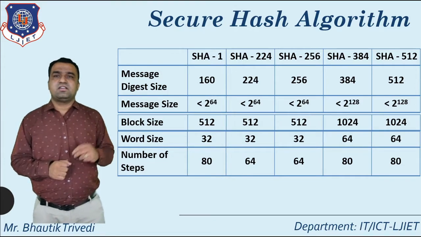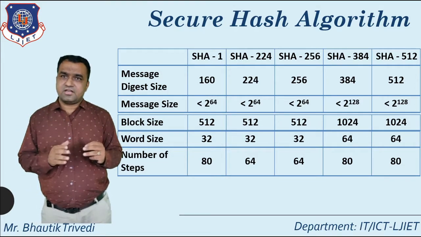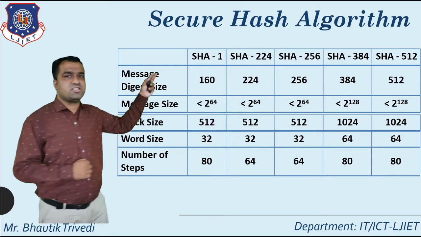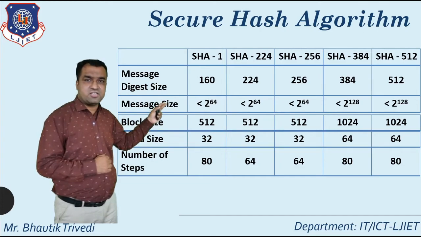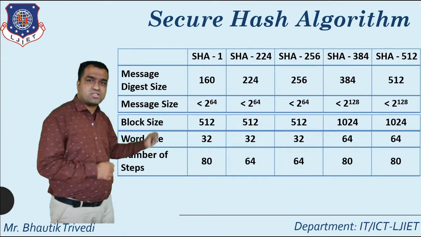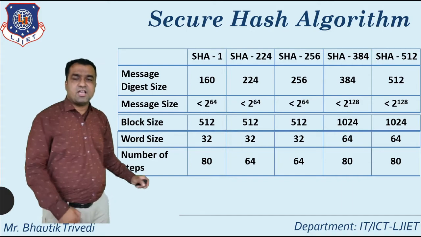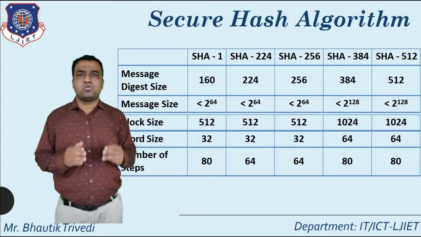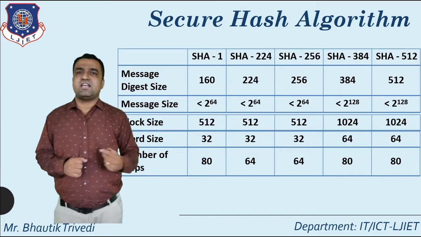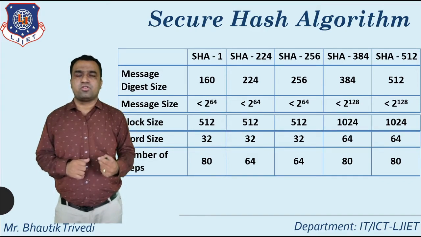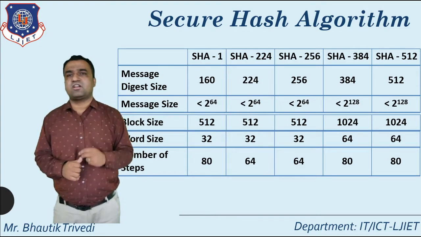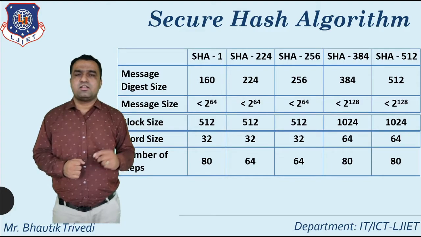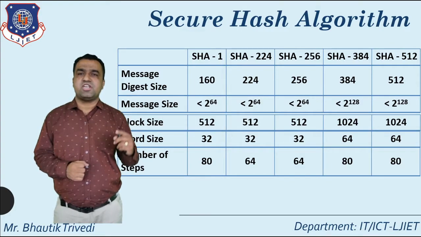After that, SHA224. Again, the major parameters are 5: first the message digest size, second the message size, third the block size, fourth the word size, and fifth the number of steps. For SHA224, the message digest size is 224. The message size supported is less than 2 raised to 64.